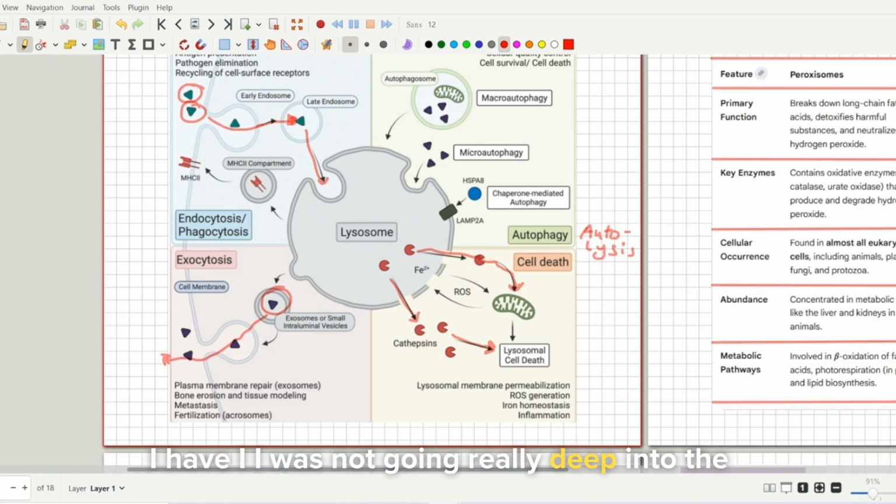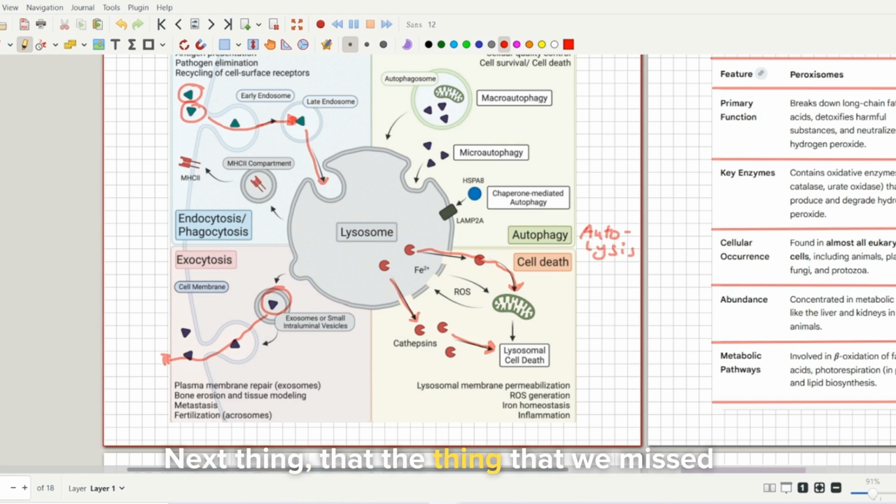I wasn't going really deep into the topic because it is not that important if you go into the depth. These functions are really relevant to your IMAT exam, but if you go really deep, then these concepts will start becoming irrelevant. So this is the limit that you need to know, and you don't have to go any deeper into the lysosome topic than we just did.